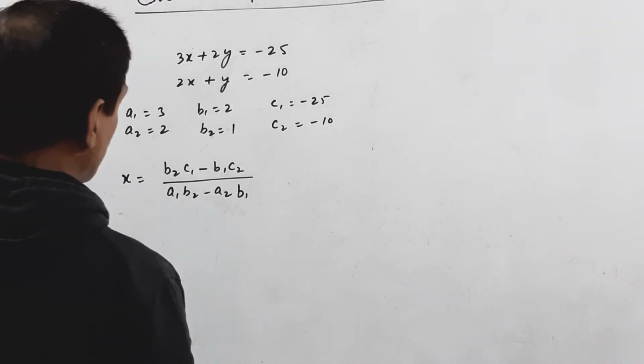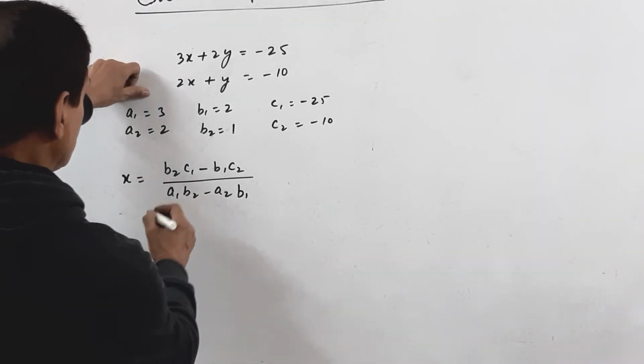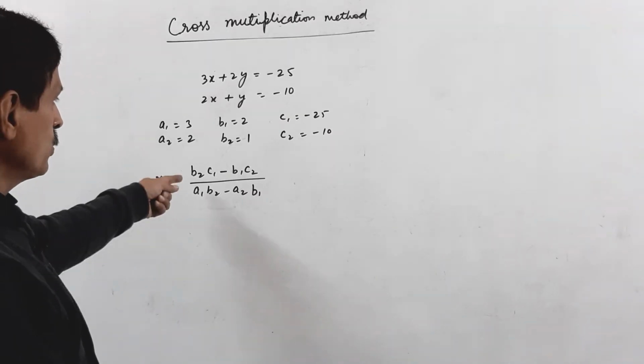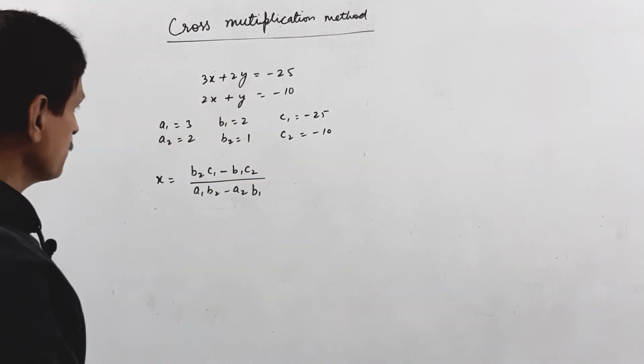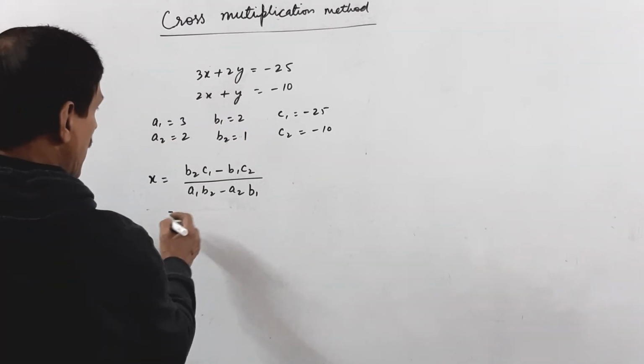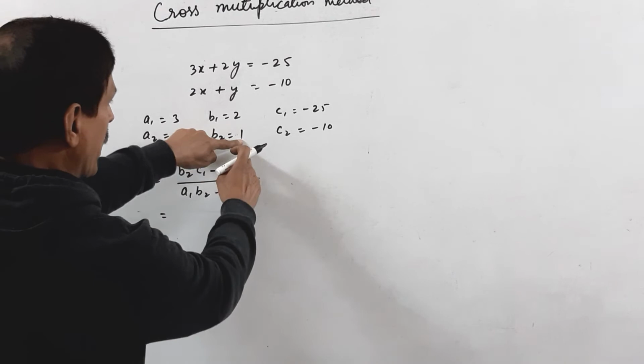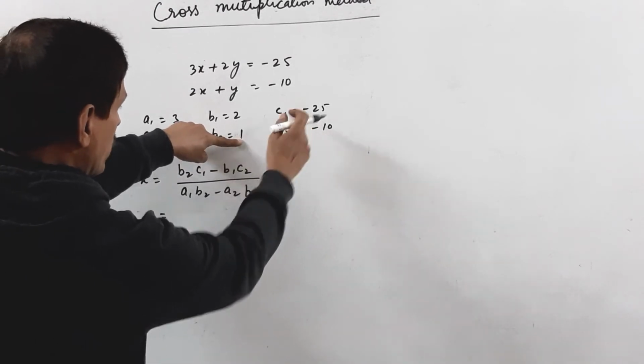We replace the values of the coefficients. So x is equal to b2, 1, multiplied by minus 25.